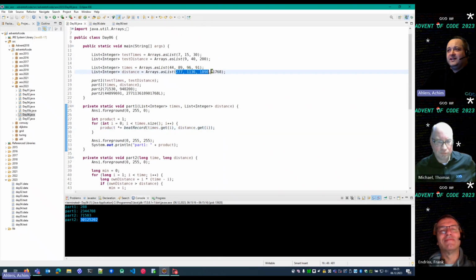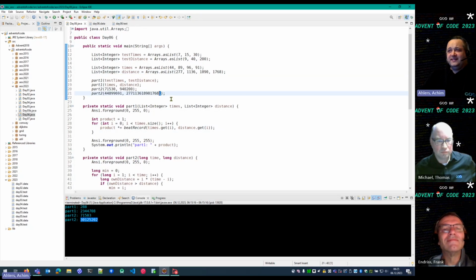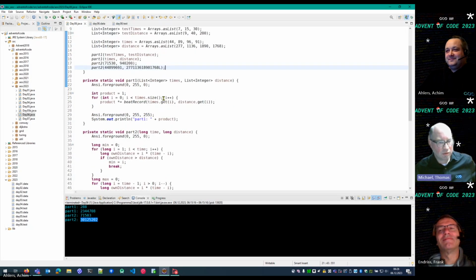So we have to concatenate all these together. And you see here, I had to use a long postfix to tell the Java compiler, hey, this is a long literal, not an integer. Okay. Nice. That was all for the riddle. That was all.